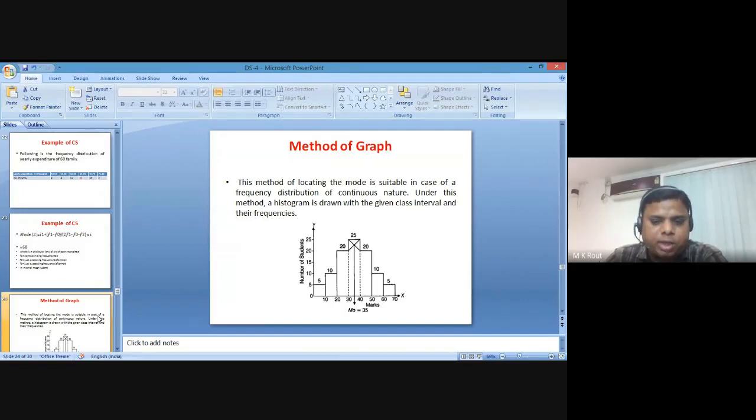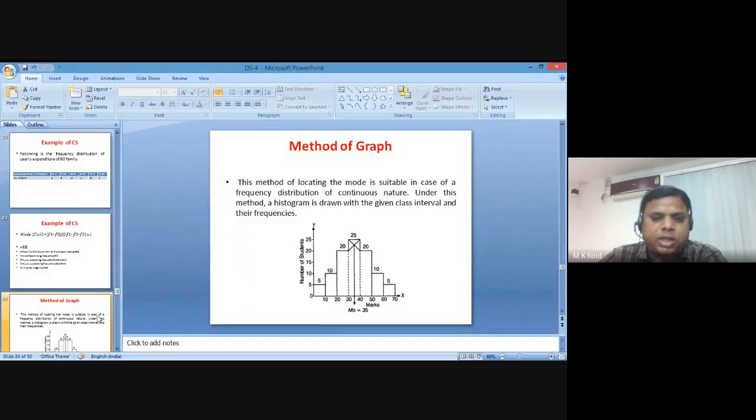If you get the highest one, you draw the center line and that center line should be considered as the mode. I repeat, if class intervals are given along with frequencies, you first make a graph, or by the use of graph paper you can draw the horizontal line, and after getting the horizontal line from a chosen interval, you draw a center line, and that center line directly gives the mode value.